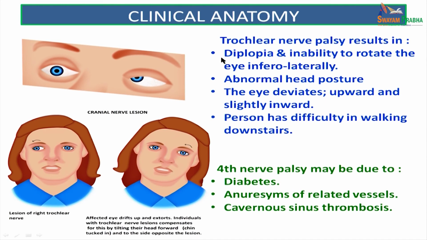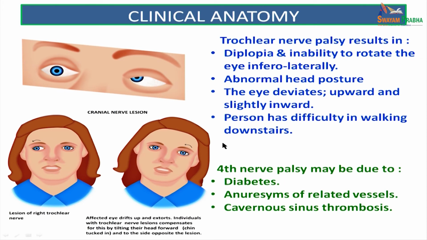So, the trochlear nerve palsy presents with diplopia, which is mainly vertical diplopia. So, the person with the trochlear nerve palsy has difficulty in walking down the stairs and inability to rotate the eye inferolaterally also.